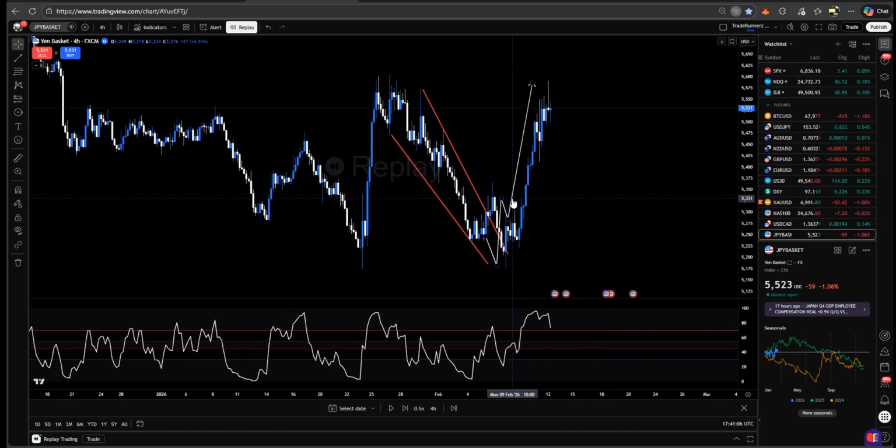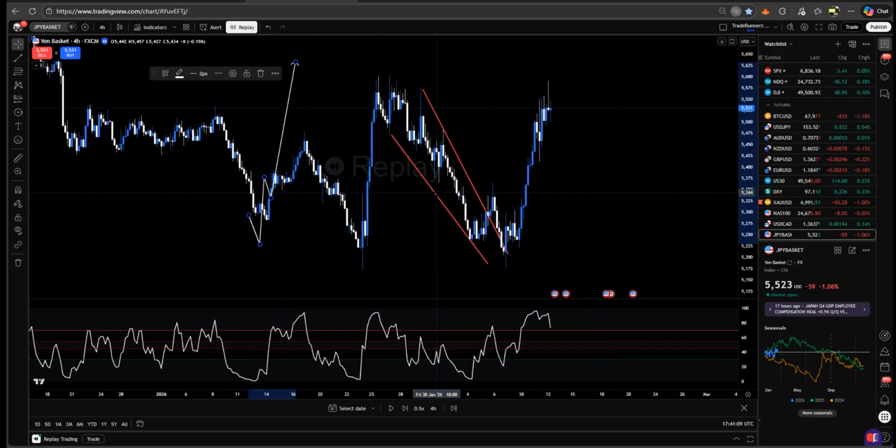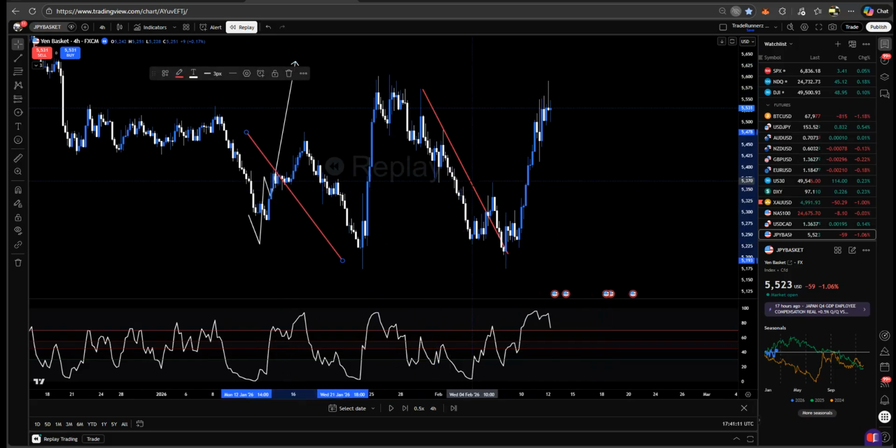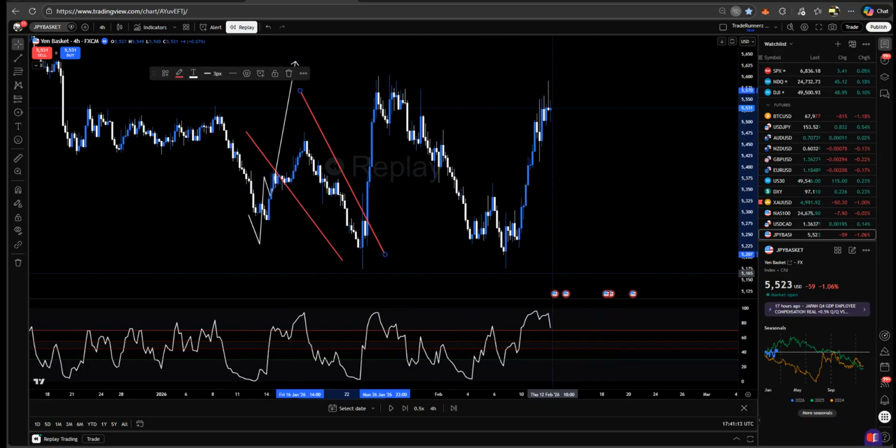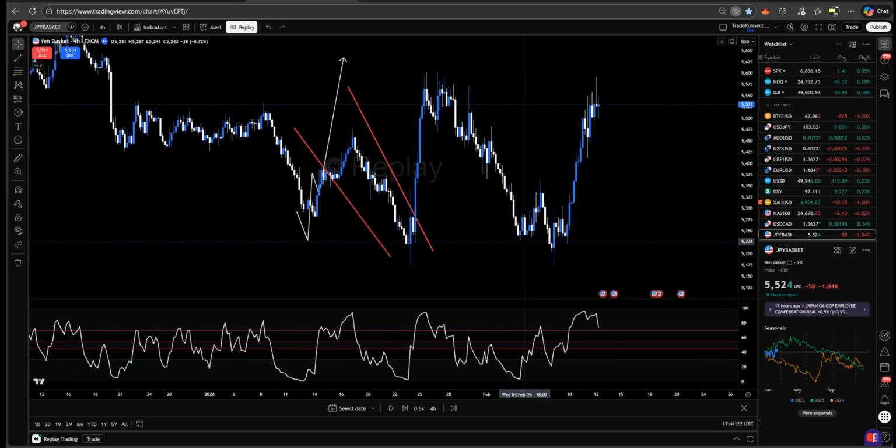Okay, so you can see right here, I'm gonna pull all this over to the side again. This is the lowest point on the chart right here, right? Lowest point on the chart, and this is the higher low to this low, the external lows or whatever you want to call it.